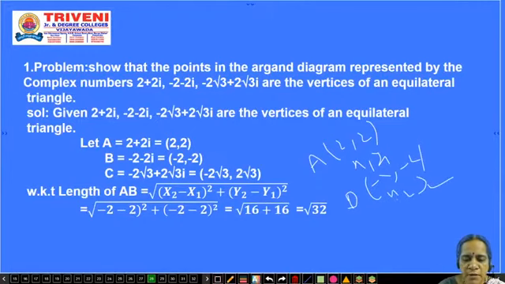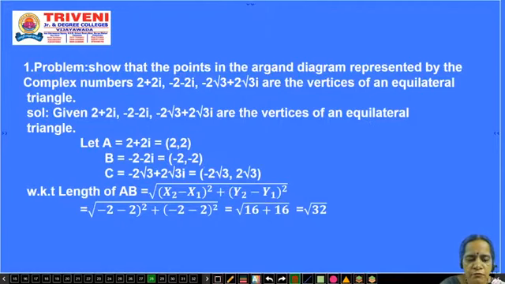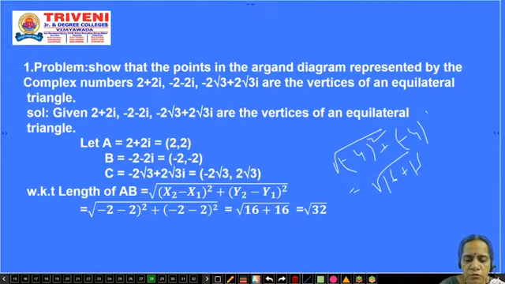The distance AB is the square root of (minus 2 minus 2) whole square plus (minus 2 minus 2) whole square, that is minus 4 whole square plus minus 4 whole square, which is 16 plus 16, that is equal to root 32.